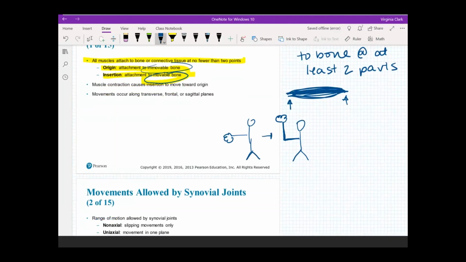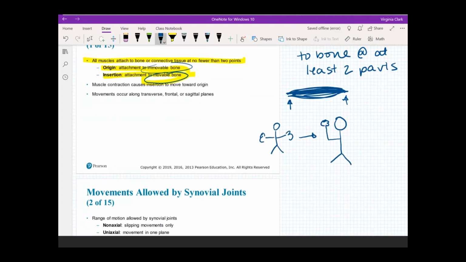Okay, asked an adorable little 4-year-old to flex his arm. So he starts by sticking his arm straight out, right? And then he will bend his right arm into this. And we've asked him to flex this arm. This arm will move up.